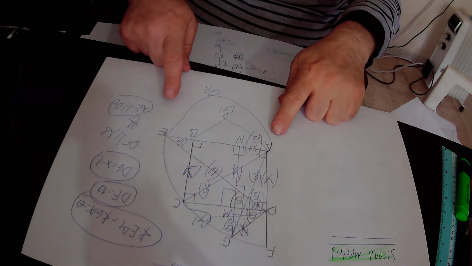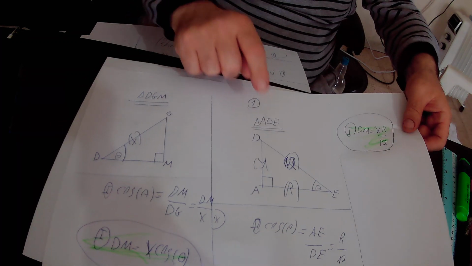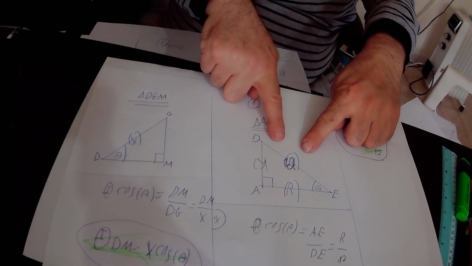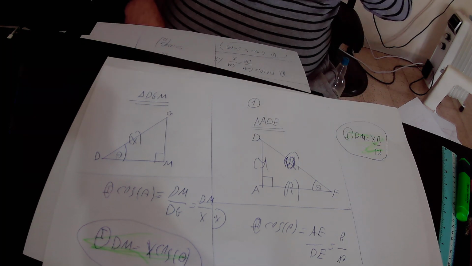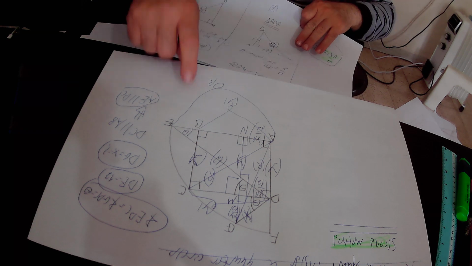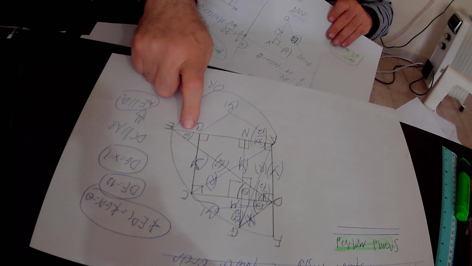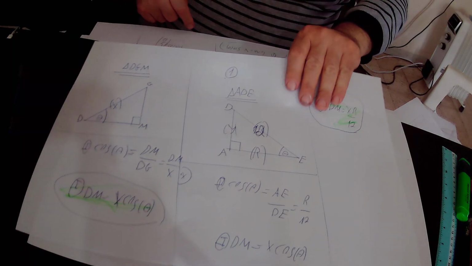And AE is the radius of the quarter circle that is equal to r. Again, AE equals r and DE equals 12 according to what is given in the question. And this is angle theta. We proved that this is angle theta according to the rule that alternating angles between parallel lines are equal to each other. So this is angle theta.